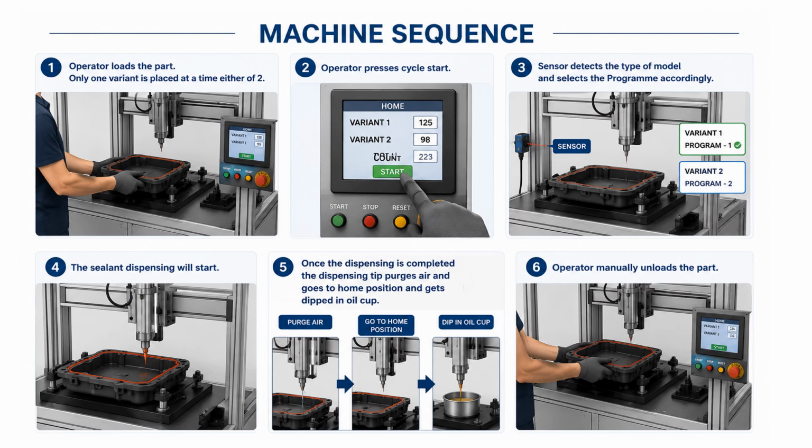Now, on the basis of these things, in upcoming sessions we will see how to design, how to select, how to design the fixture first. Then for dispensing, depending on the size of the part, which tool we will use, a robot or a slide, whether it will be electric or pneumatic.